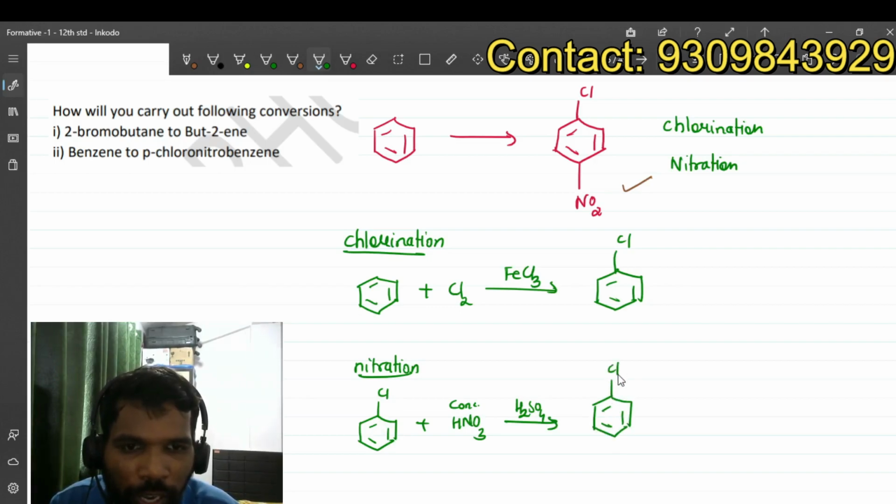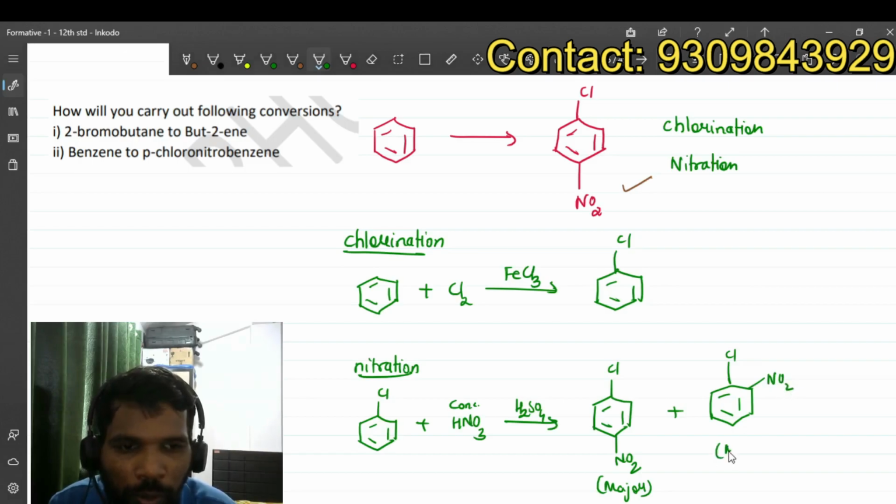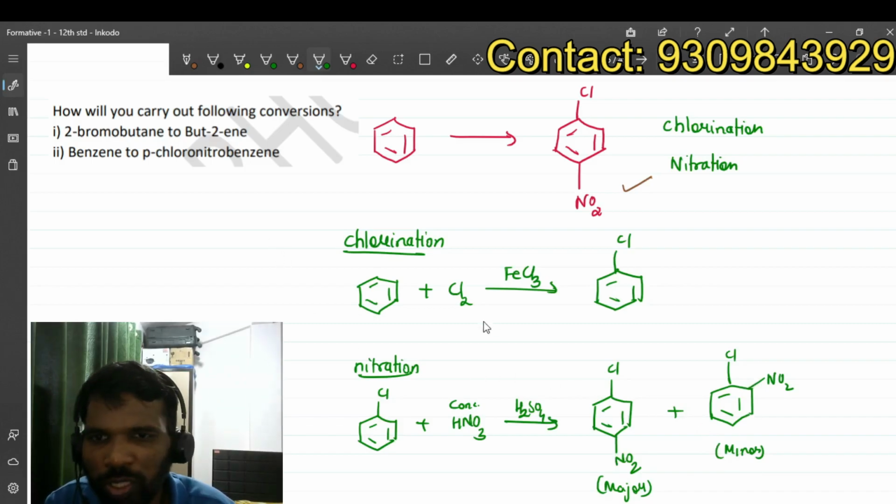NO2 is an electrophile, so it will get substituted over here. This is the major product, and the minor product is chlorine over here, NO2 over here. This is minor because there is a lot of repulsion between chlorine and NO2. Here it is less repulsion. Less repulsion, more stability. More repulsion, less stability.